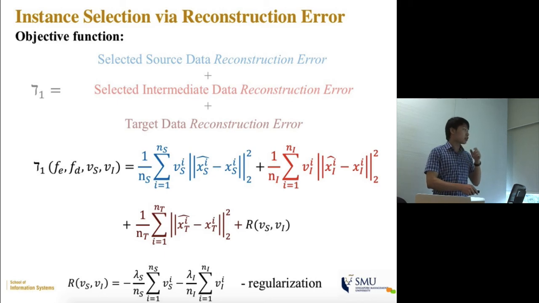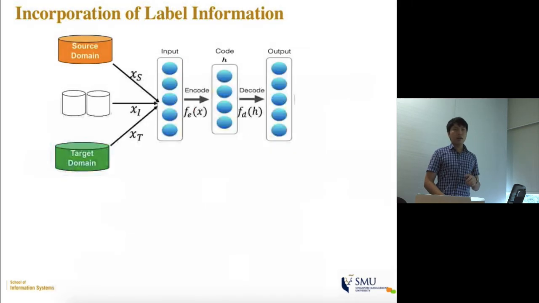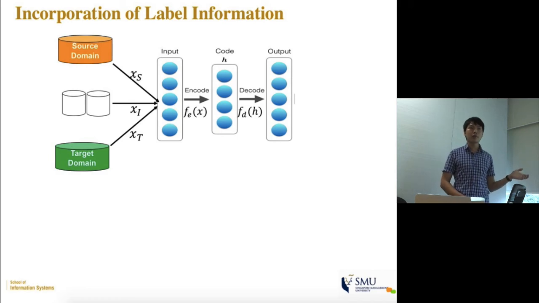And if you look at the expression for this regularization, then this actually encourages you to have as many useful instances as possible. However, the autoencoder is an unsupervised model. So the output, the hidden representation here, is probably not relevant to the label information, or does not fit the classification task.